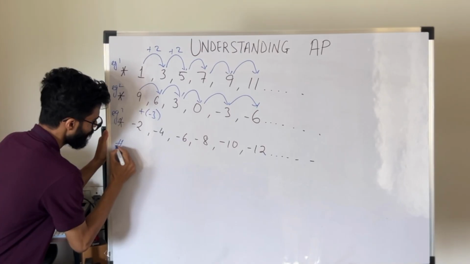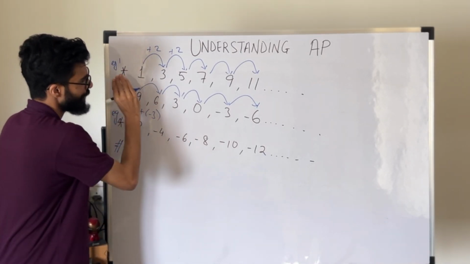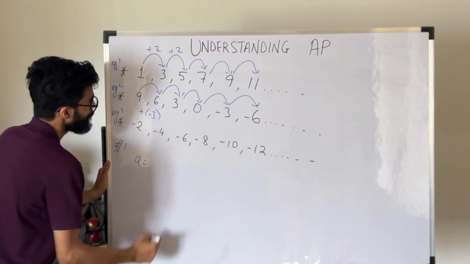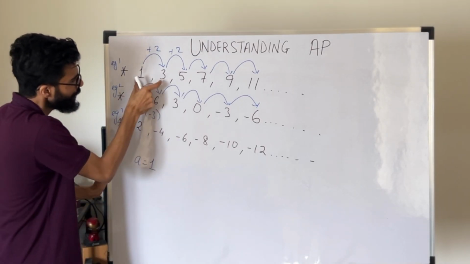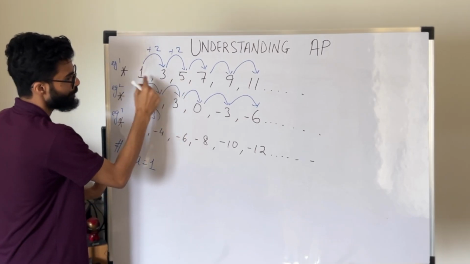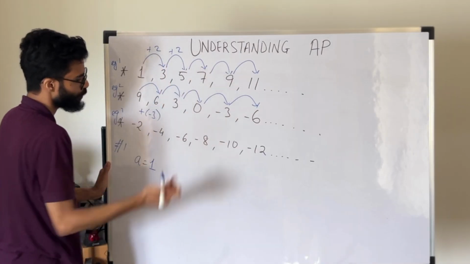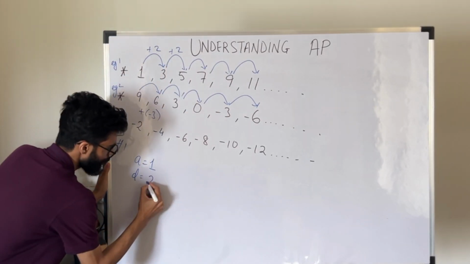In my example 1, the first term of this entire series, I will denote it as small a equal to 1. Now the common difference between the two successive terms, which is always the higher term minus lower term, which is 3 minus 1, 2 or 5 minus 3, 2, I will denote it as small d, which will be 2.